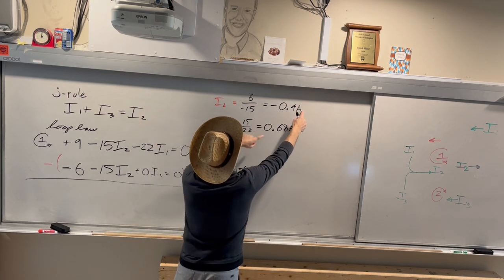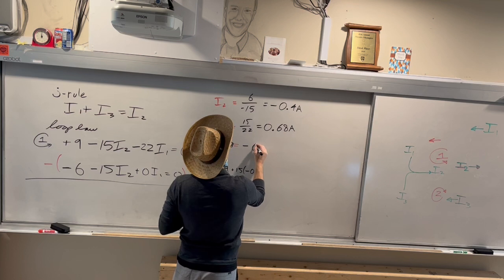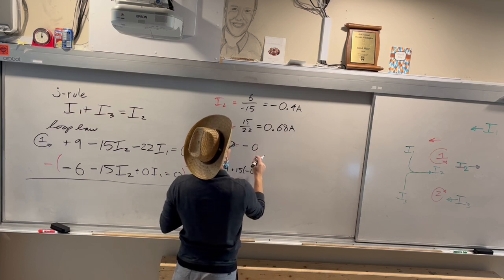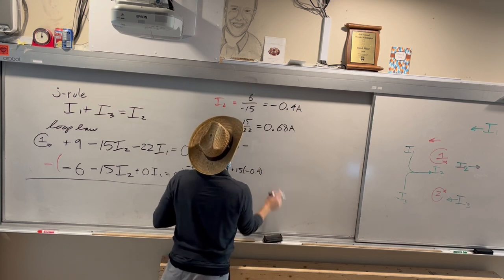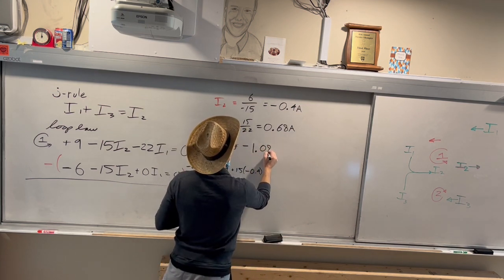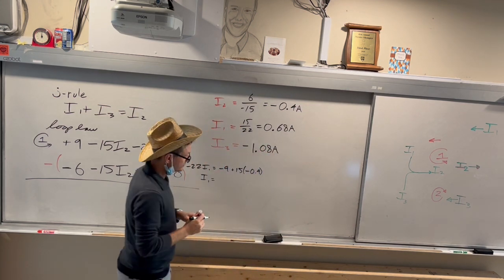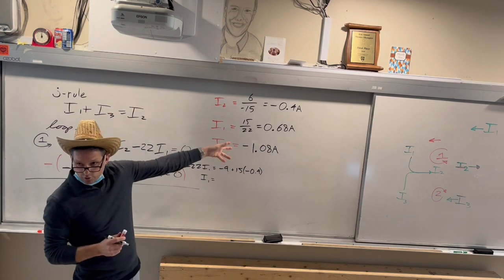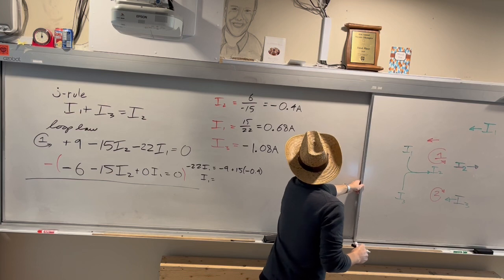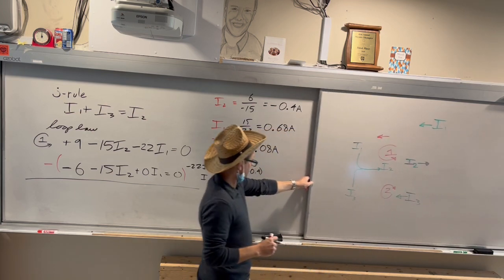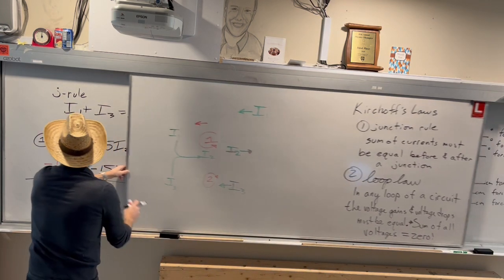So it's 1.08, right? Yeah. Negative 1.08. Okay. So these are our totals for our currents. Oh, you're right. So let me just put that back on again.